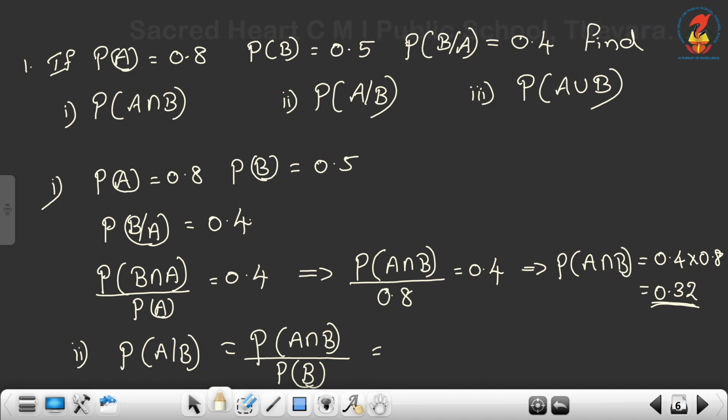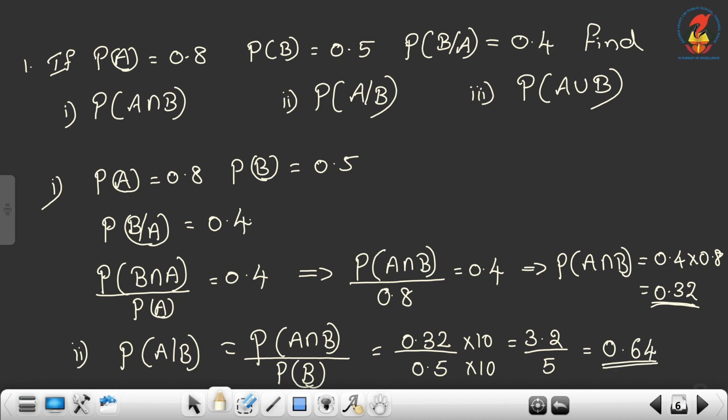What is A intersection B? 0.32 divided by P(B). P(B) is 0.5, so you can multiply by 10. So it is 3.2 by 5. So 0.64.